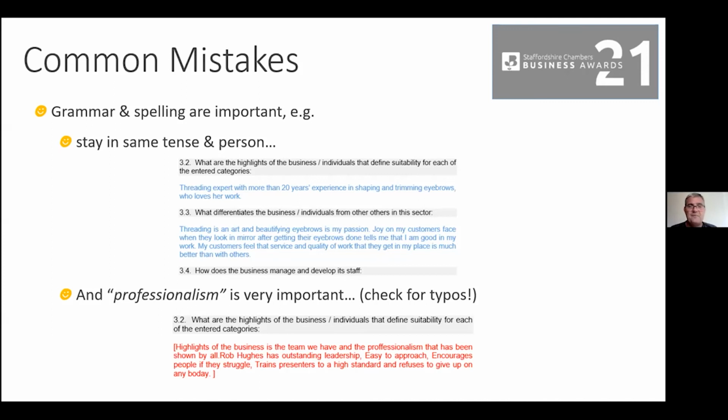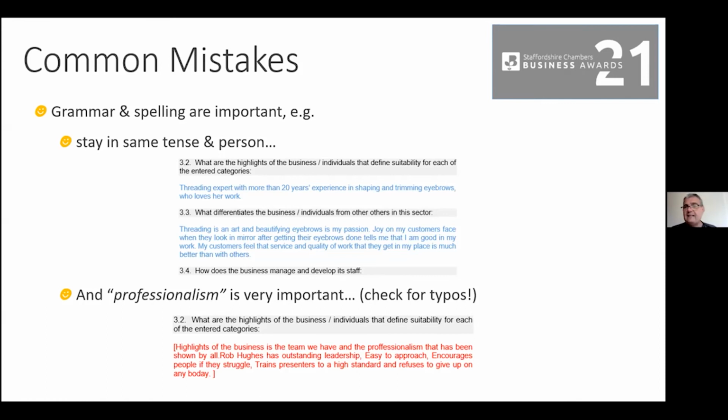Professionalism is very important. Check for typos. If we look at this one: "Highlight of the business is the team we have and the professionalism that has been shown by all." They've spelled professionalism wrong. And then we've got uppercase mid-sentence: "easy to approach, Uppercase easy, encourages people."